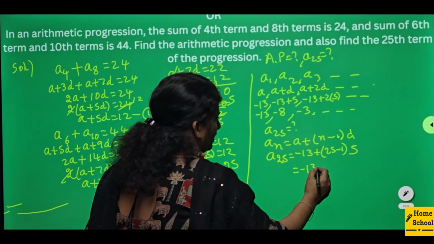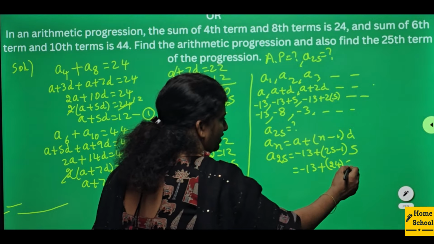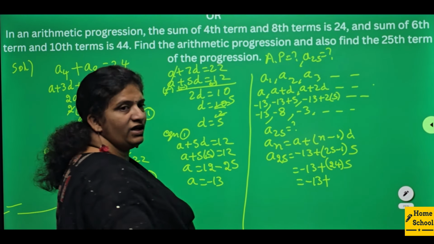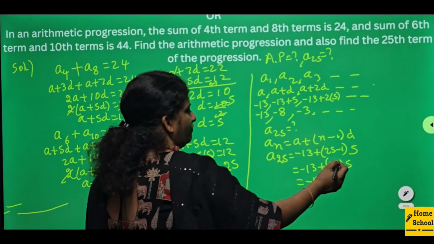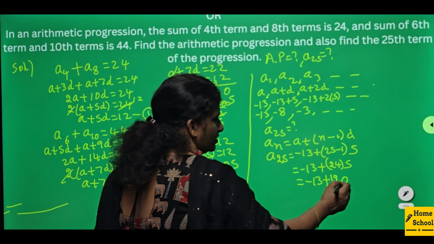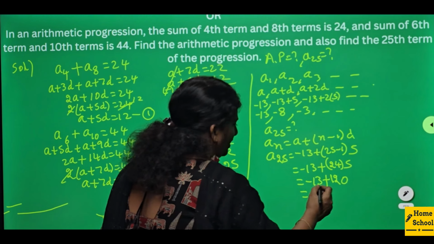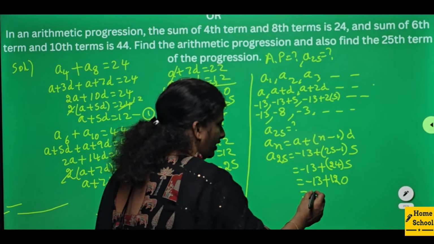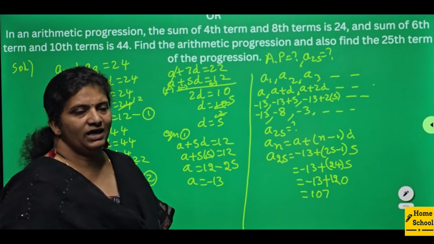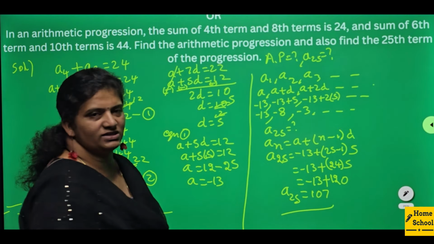Minus 13 plus 25 minus 1, 24, 24 into 5. Minus 13 plus 24 5s: 5 4s are 20, 5 2s are 10, plus 2, it is 120. 120 minus 13, what are you going to get here? 107. Therefore, the 25th term is 107.